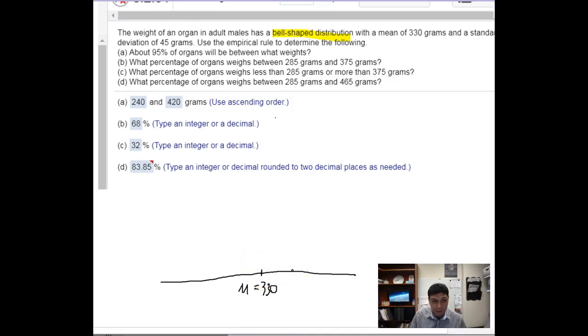Then we know the standard deviation is 45, and so we like to mark off those standard deviations. What that means is I now know the distribution of these organs. The peak is going to be here, then it starts to curve. Excuse me for the bad drawing, but the data is bell-shaped. The mean is here right in the middle.